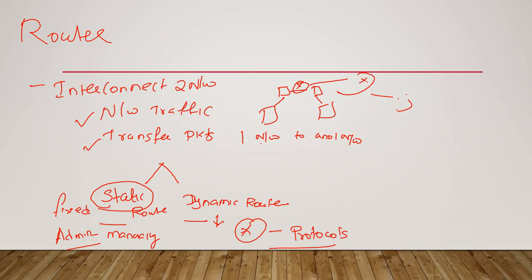Again the administrator has to work on it, and we need to redesign the whole routing. So cost wise, static routing is very costly, and the work efficiency is poor, because again and again we need to work even for topology changes, minor or major, whatever they are. So we move to the dynamic routing concept.